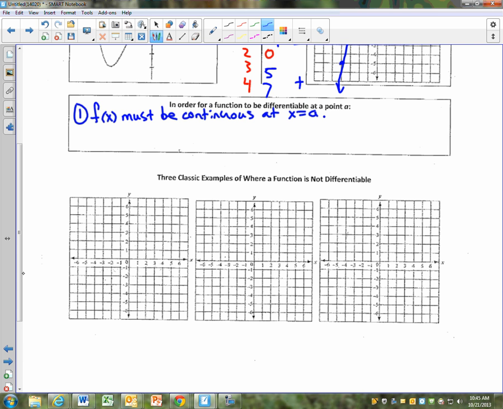If you're going to take the derivative at a, it better be continuous. Would you agree? If you want to have an instantaneous rate of change, there better be something there to find the instantaneous rate of change of, right?